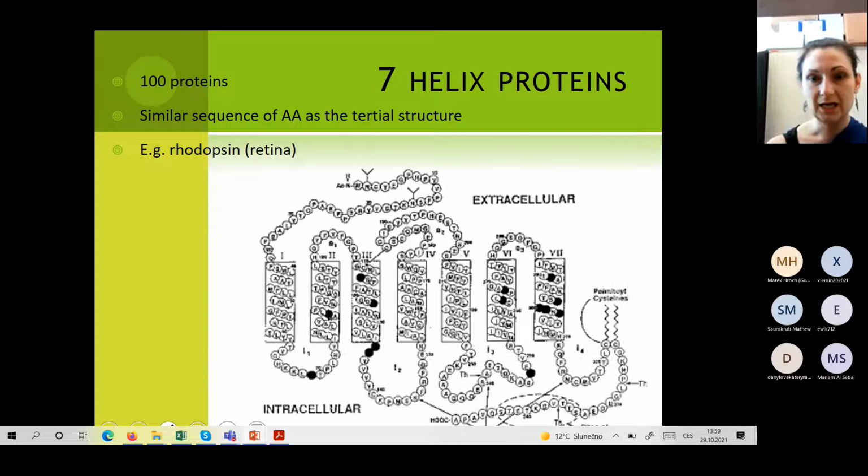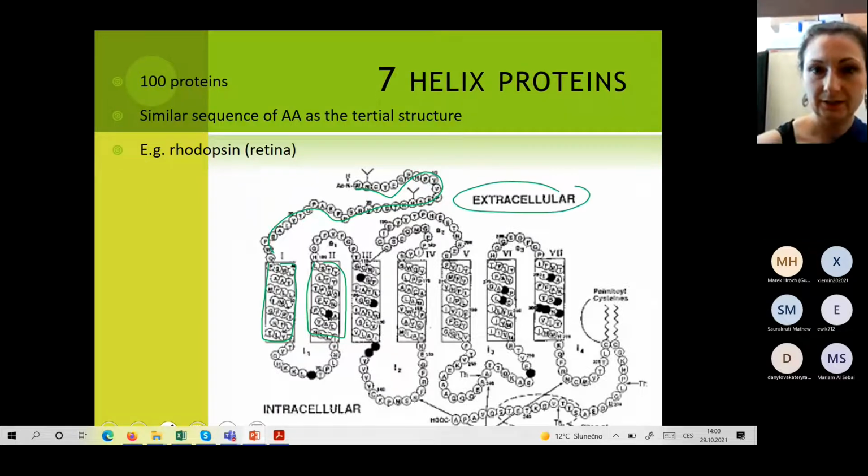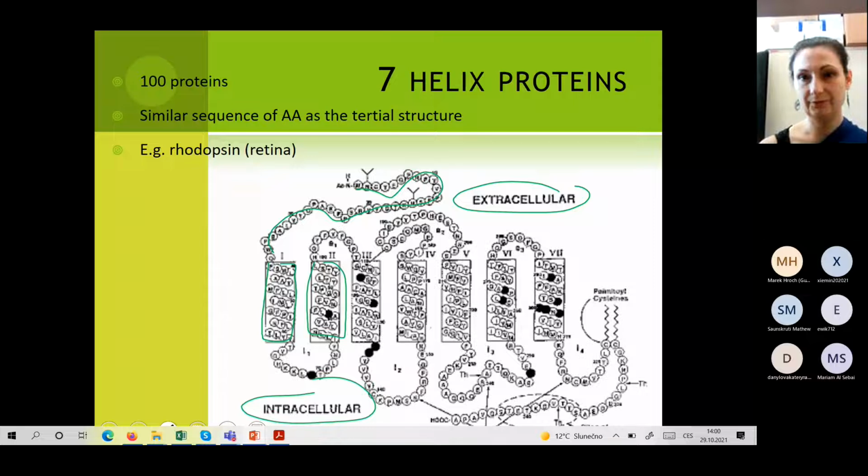You can see that this part is alpha helixes, 7 alpha helixes. They are immersed inside the plasma membrane, and these tails are just floating outside and inside the plasma membrane.